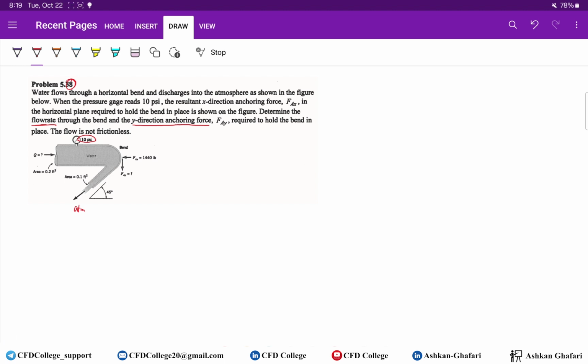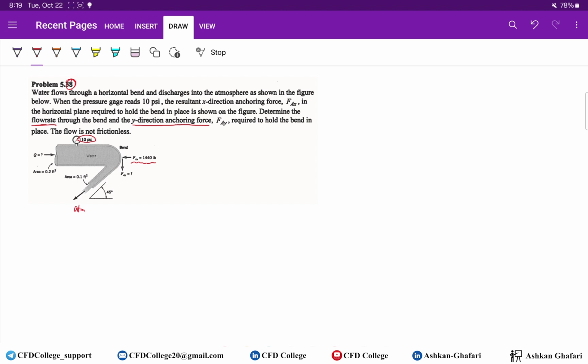Okay. So what should we do? The thing that we know is we have this force, and to find the force we should use linear momentum equation. If you are interested in learning this equation, the basics, you have to see my other video, tutorial 7 on fluid mechanics 1. I explained the linear momentum equation in that tutorial.